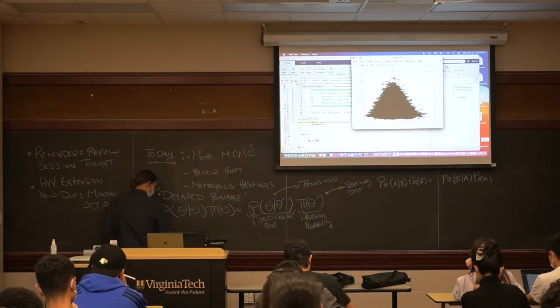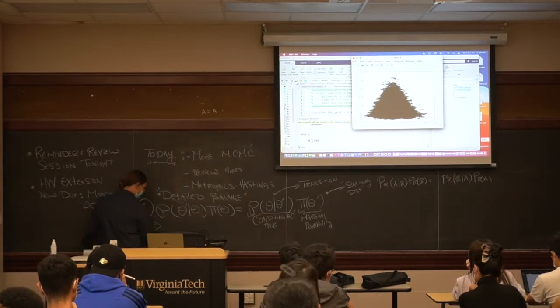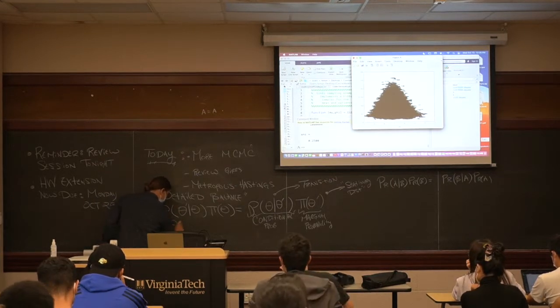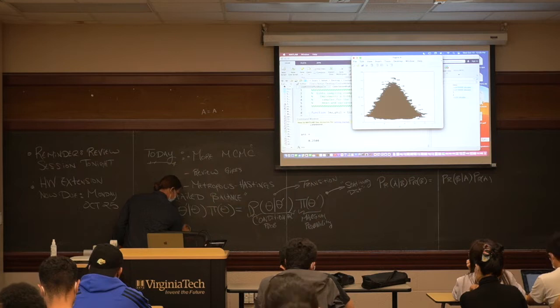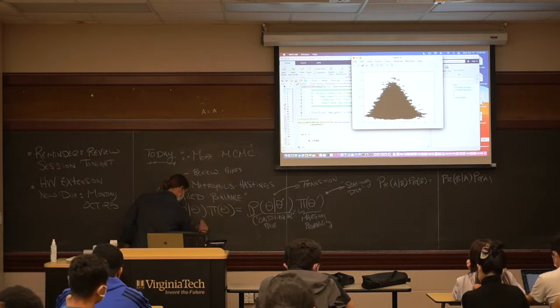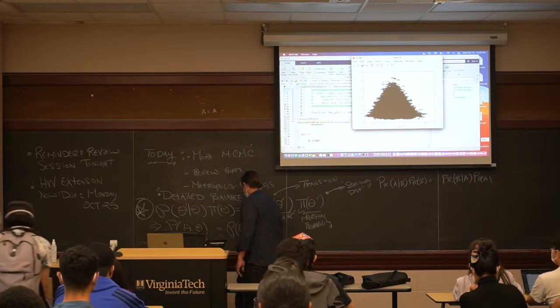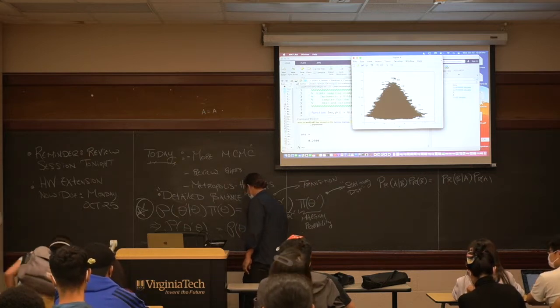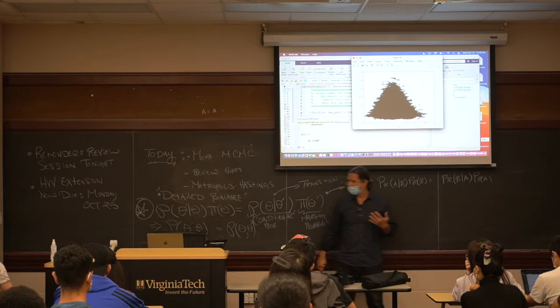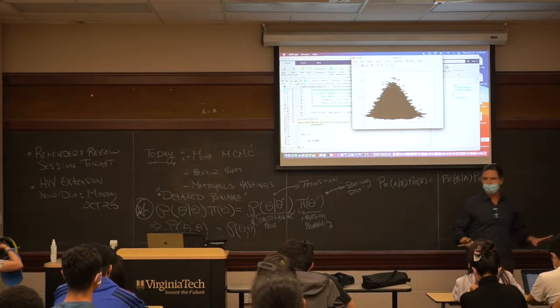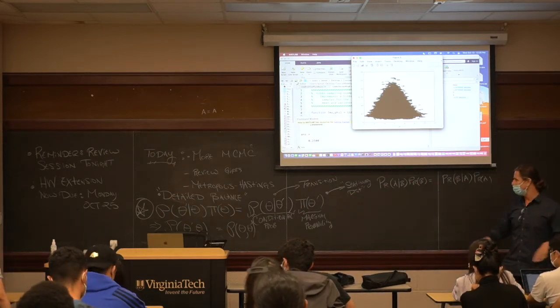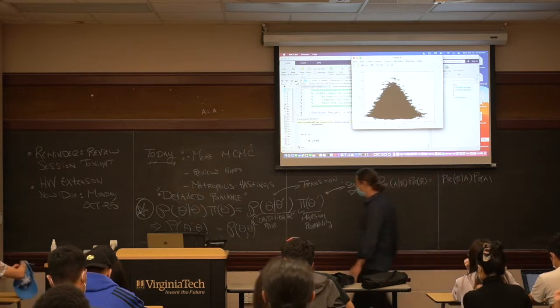I'll just write this down. Some other function, I'll use rho again. This is the joint of theta prime and theta, and this is the joint of theta and theta prime. In Markov land, things are a little different than just having independent random variables.